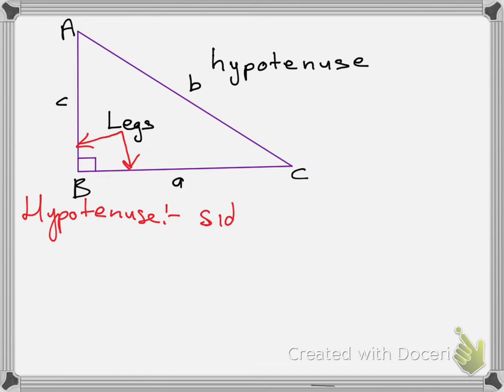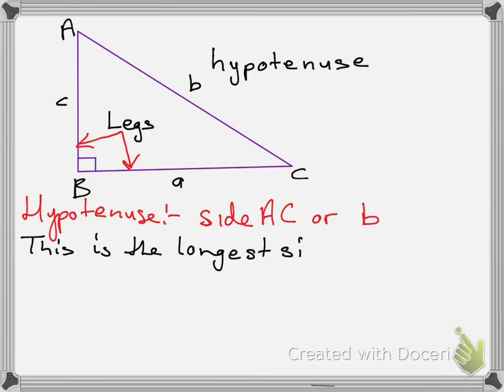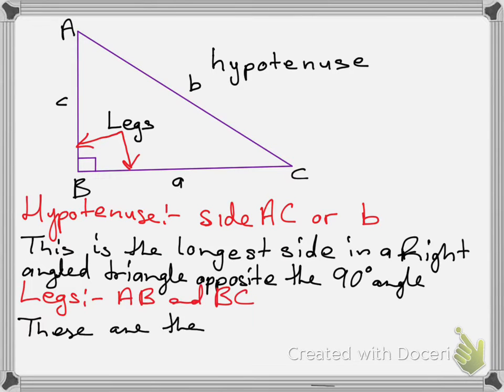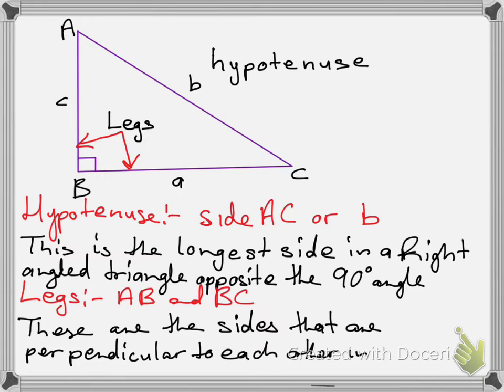So the hypotenuse, which is the longer side AC, which we also call small letter b, is the longest side, which is opposite the right angle. And then the legs AB and BC are the sides that are perpendicular to each other.